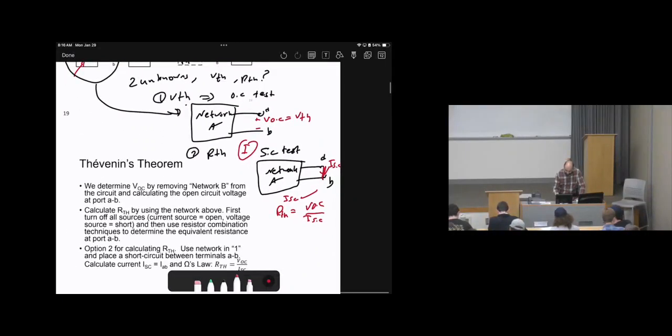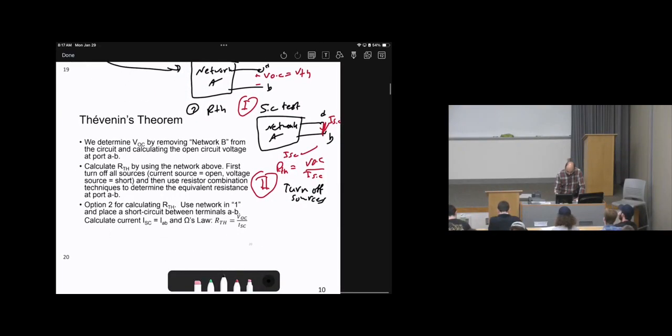There is a second option, and this is the second option that I like, which makes it much easier, which is by turning off the sources. What do I mean by turning off the sources?